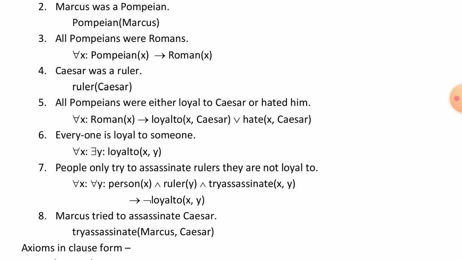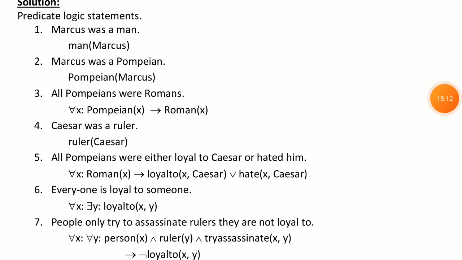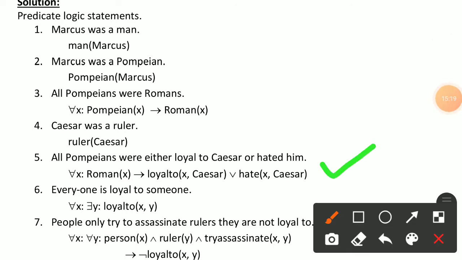Now our fifth sentence is given. All Romans were either loyal to Caesar or hated him. So here we can write for all X, Roman X implies loyal to X comma Caesar or hate X comma Caesar.